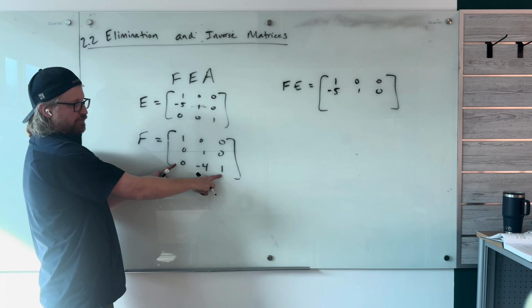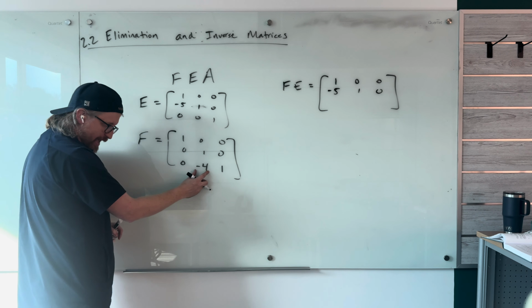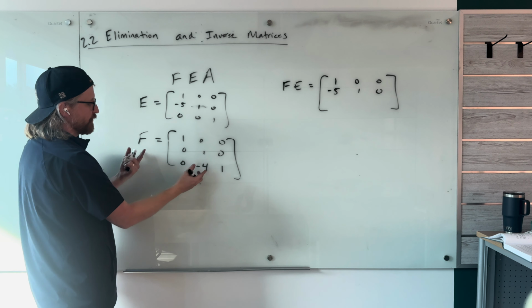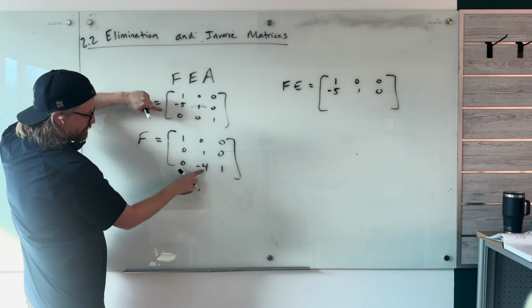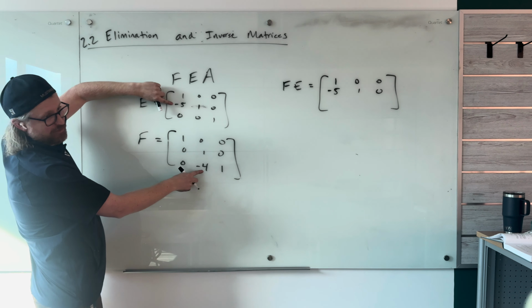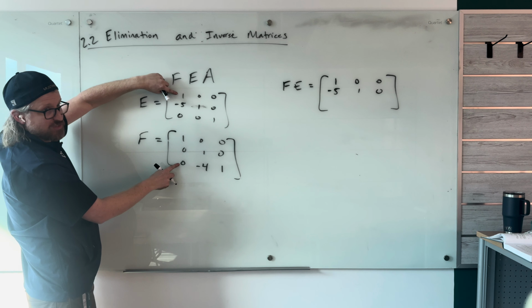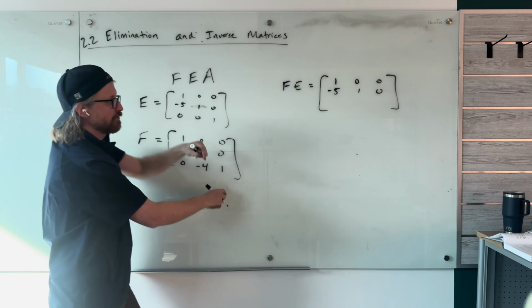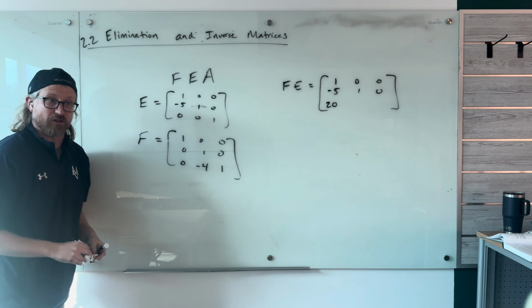This entry is going to affect the third row by multiplying row 2 by 4 and subtracting that from row 3. Well, that's going to alter my very first entry, because see how this negative 4 and the negative 5 will align when I'm doing my multiplication. I'll get 0 times 1, which is 0, but this is ultimately going to give me a plus 20 times 0. So this actually gives me an entry here in my row 3, column 1.